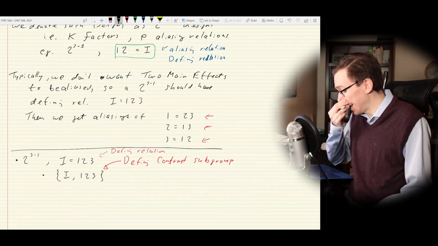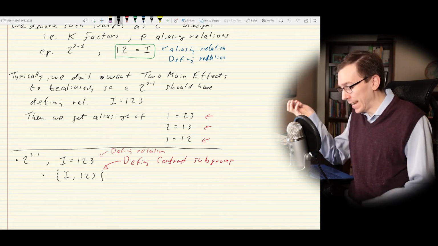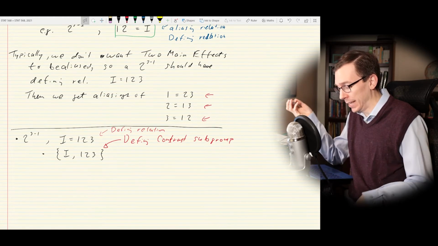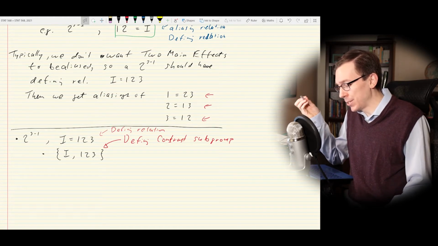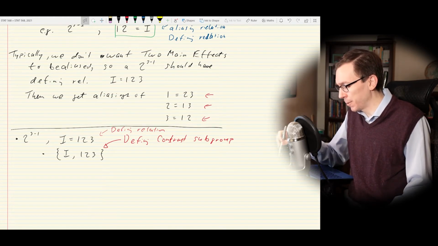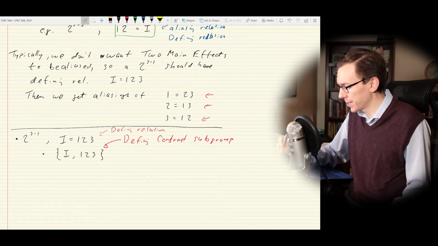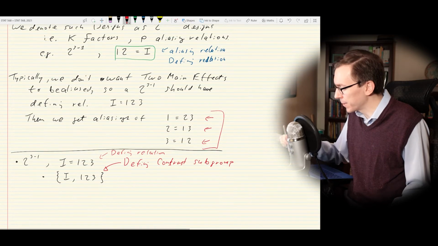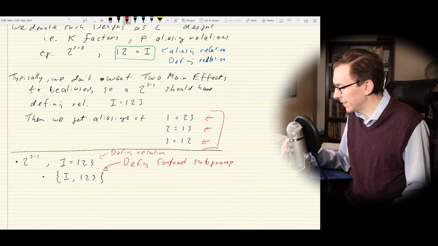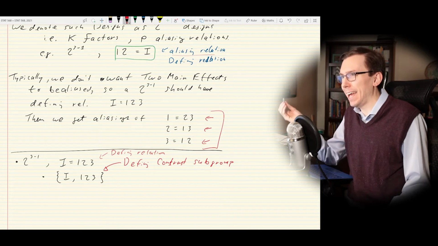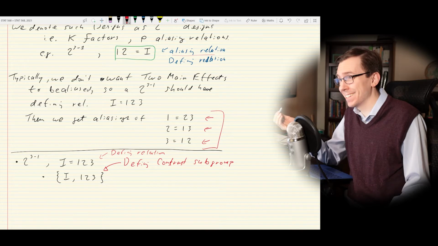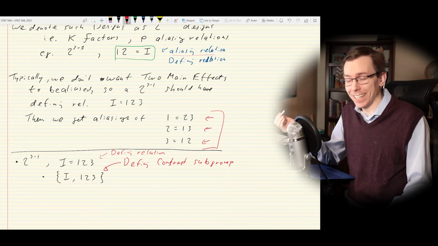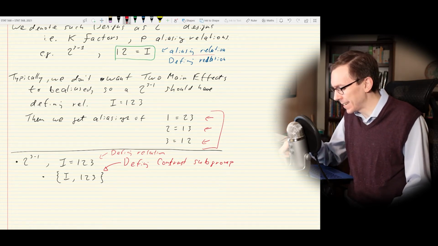And what it means is that we now have a mathematical group. It has 2 elements, and we're going to use that mathematical group to determine all of the aliasing relations that are up here. So I think what I really should say is, this is technically an aliasing relation, but any aliased effects are an aliasing relation, not just the one with the identity.